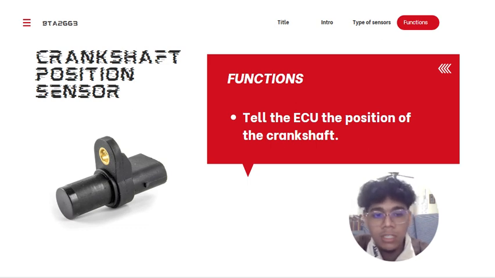By knowing the position of the crankshaft, the ECU also knows where the piston is inside the bore. By knowing this, it can initiate fuel injection and spark ignition events at the correct time.